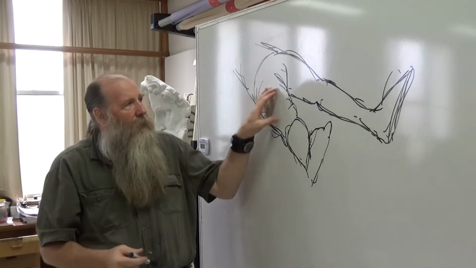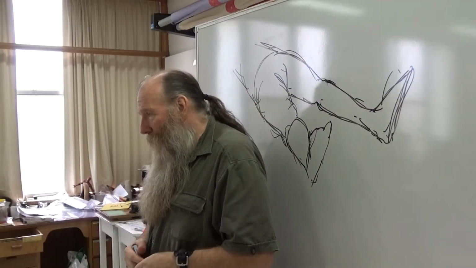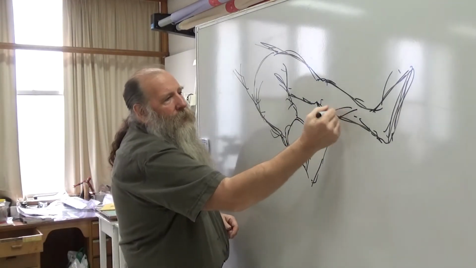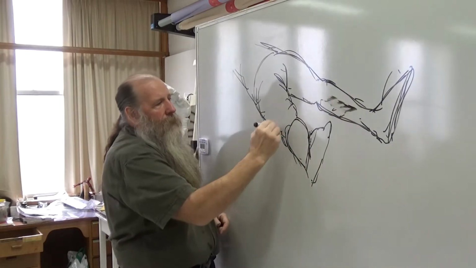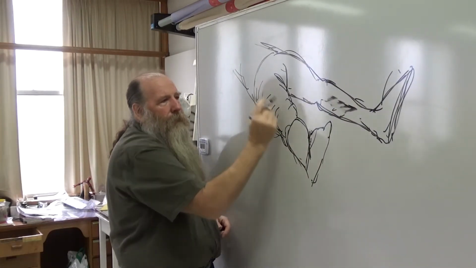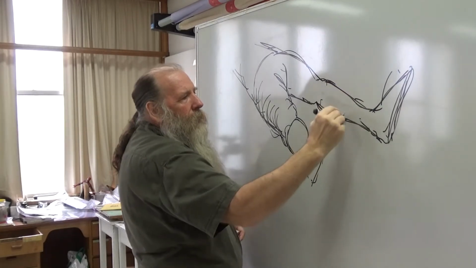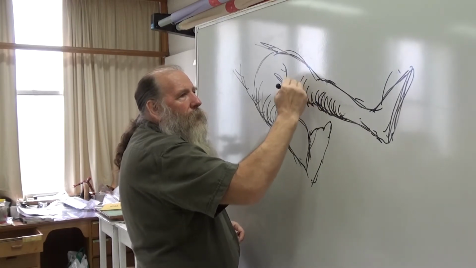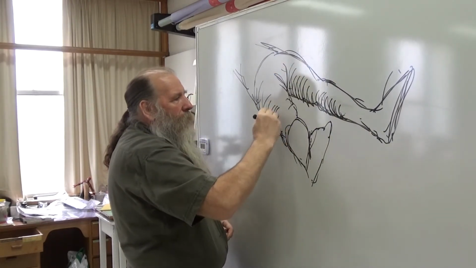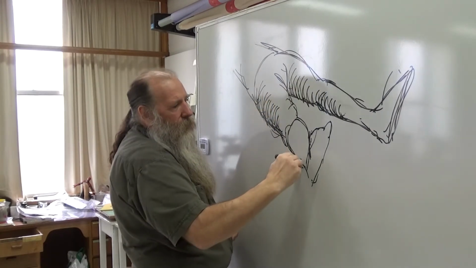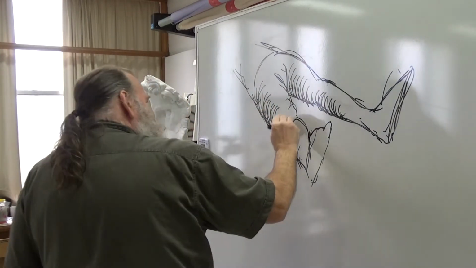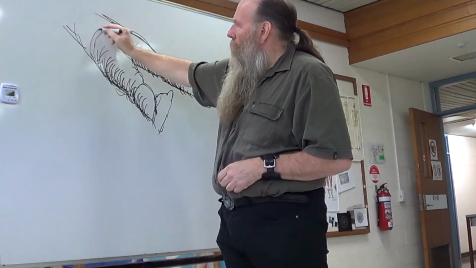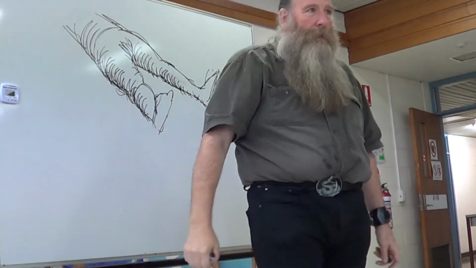So if I am doing what I call contour shading here, I'm not going to shade like this. Rather, I'm going to shade like this. So if I'm going to do my shading like this, I'm following the contours of this figure, and what I'm doing now is I am describing the figure better by that shading.